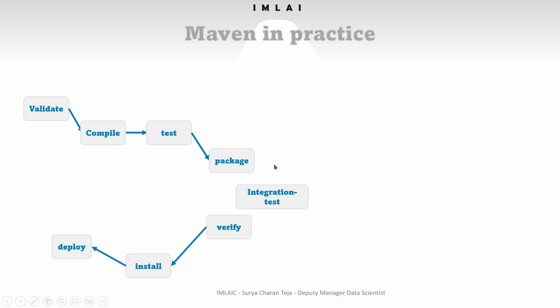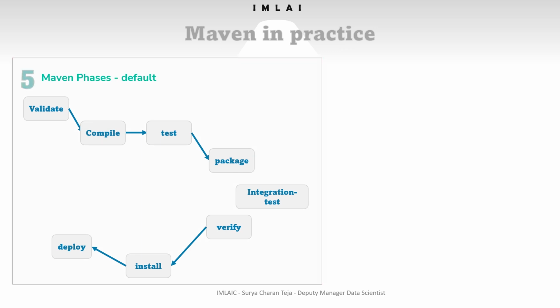Now what happens when you execute a phase using maven package? When a phase is given, maven executes every phase in the sequence up to and including the one that is defined.